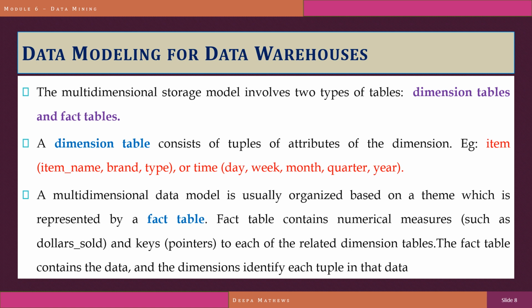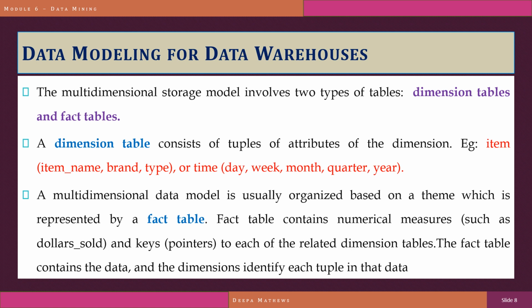Then, as we know, this multidimensional data model or the data warehouse is subject oriented, right? So it is based on a theme or a subject, and these details are stored in the fact table. So a multidimensional data model is usually organized based on a theme which is represented in the fact table.